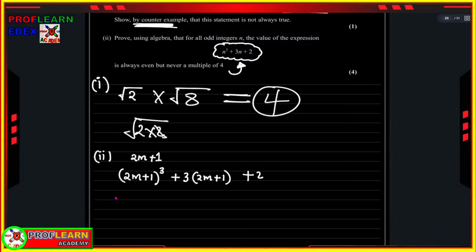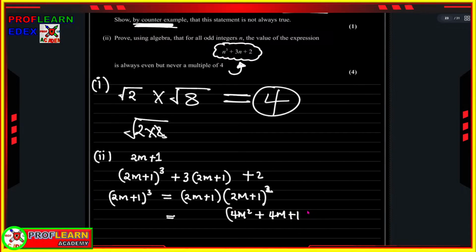If I cube 2m plus 1, this is the same as 2m plus 1 times 2m plus 1 squared. If I expand this part, I'm going to have 4m squared plus 4m plus 1. Then I will remember to multiply with 2m plus 1.